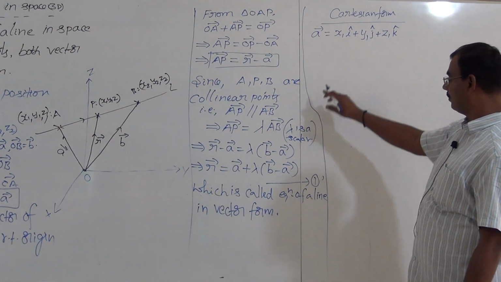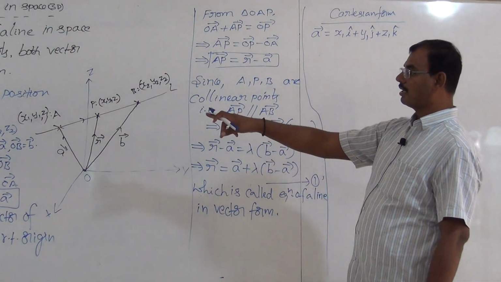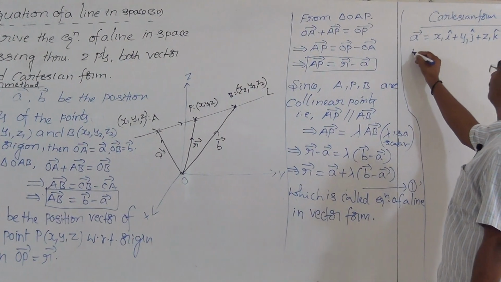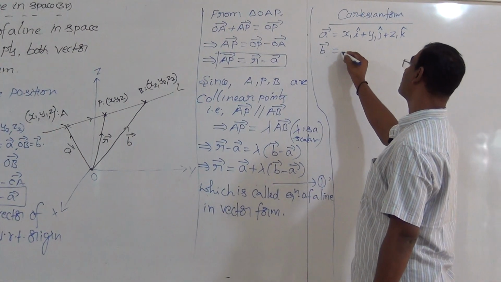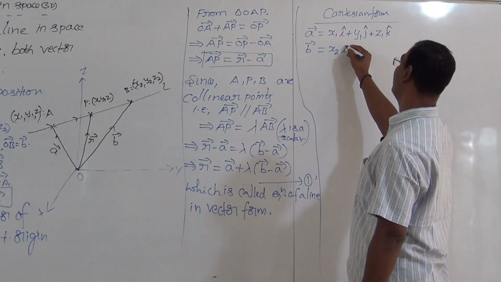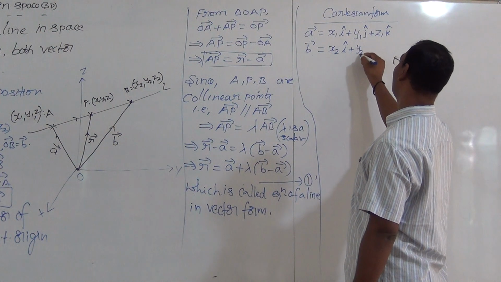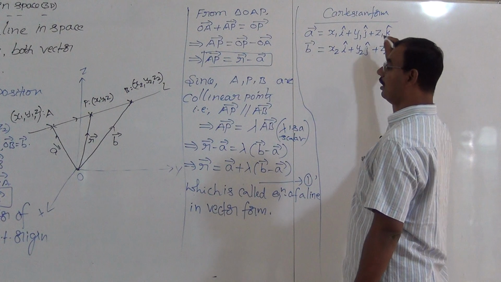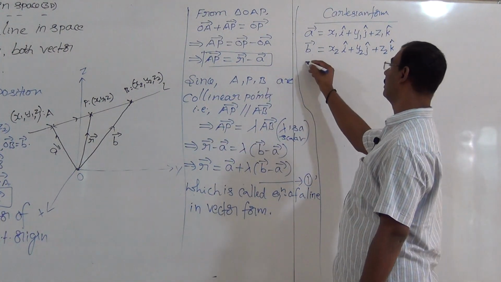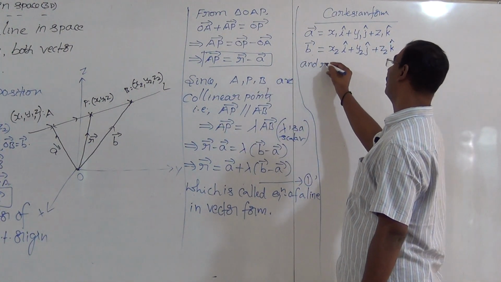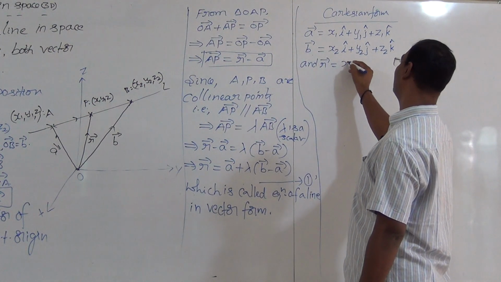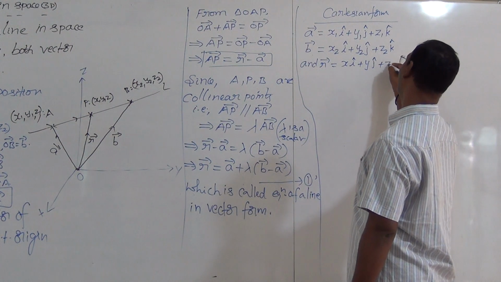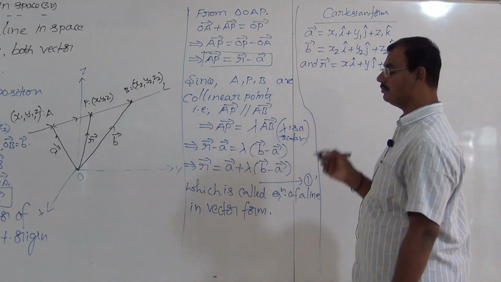Next, what is the B vector? B vector is the position vector of the point B. So in vector form, B vector is equal to x2 i plus y2 j plus z2 k. And what is the R vector? It is a general vector. R vector is equal to xi plus yj plus zk.